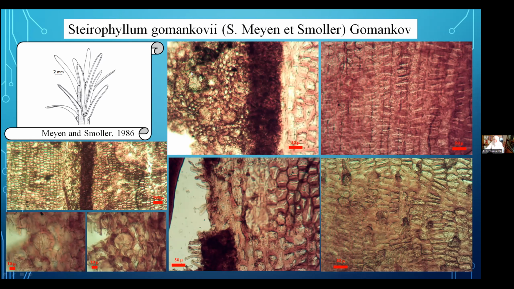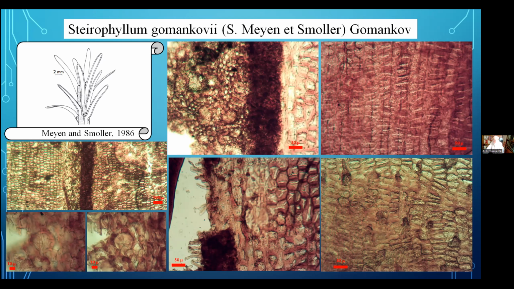The most peculiar feature of this plant is so-called double cutinization. We can see here, for example, two systems of cells which are superimposed to each other. Cells of one system have very thick radial walls and are arranged in rows which are not very prominent.